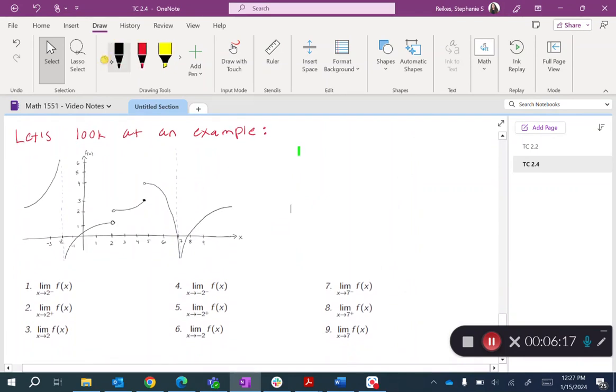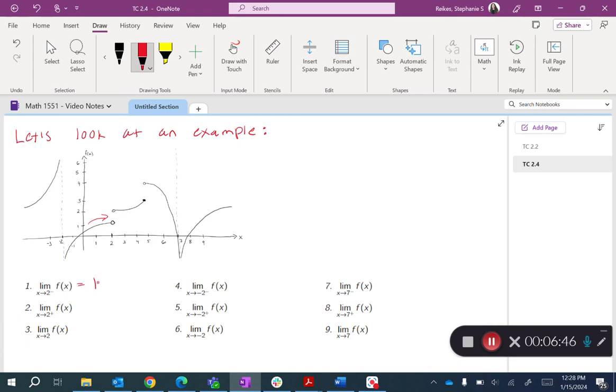All right. We have the following function, and let's look again at a bunch of limits at different x values. The first one says the limit as x approaches 2 from the left. Let me change colors real quick. We're going in this direction, and as we approach 2 from the left, we can see my y value is 1.